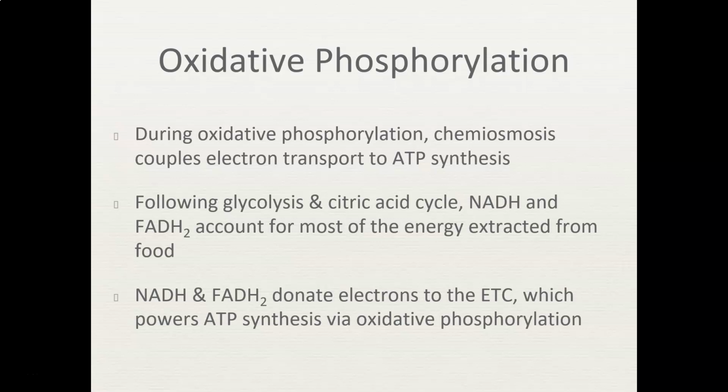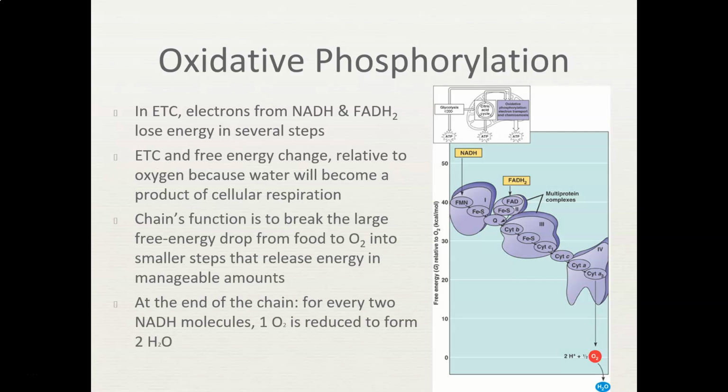Now we're going to take those electron carriers, and they're going to donate electrons to our electron transport chain, as well as yank off those hydrogen ions, those H plus ions. We're going to shove them into a concentration gradient, and that's going to allow us to power ATP synthesis via this oxidative phosphorylation. So how does it work?